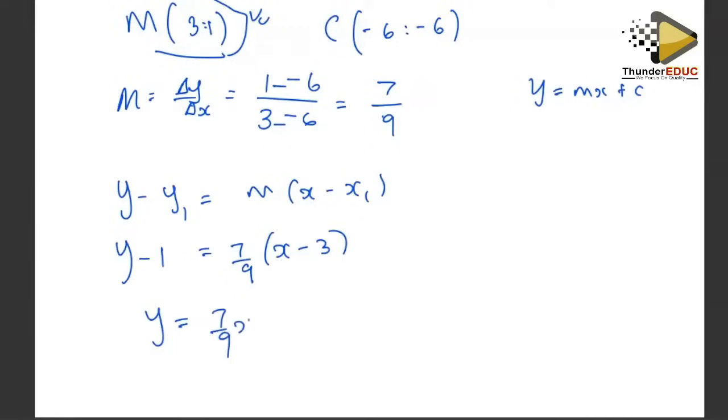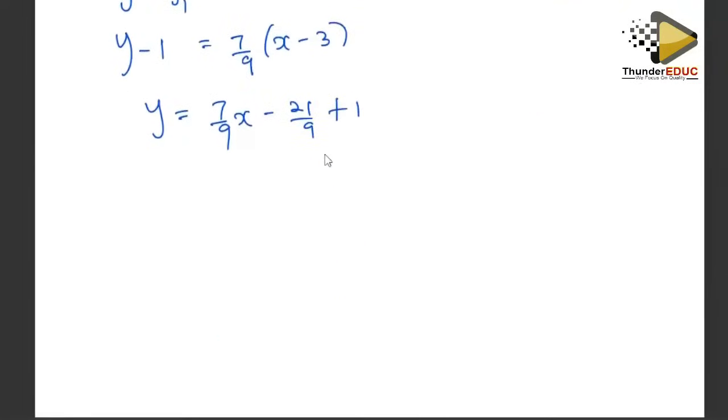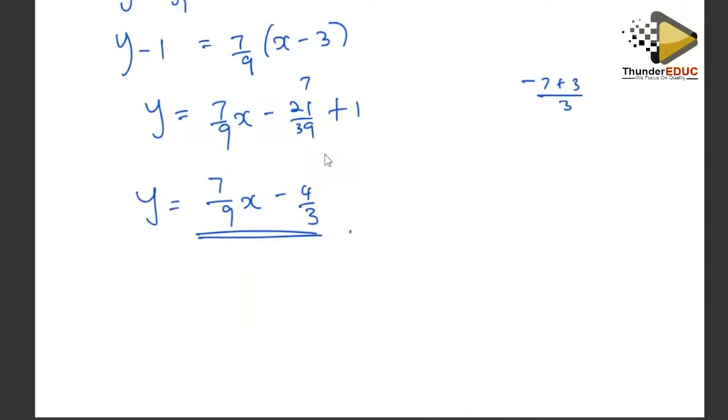So 7 over 9 x minus 21 over 9 plus 1. Simplify this fraction: 7 over 9 x, and 21 over 9 simplifies to 7 over 3, so that's -7 plus 3 over 3, which is -4 over 3. So this is what I get as my equation.